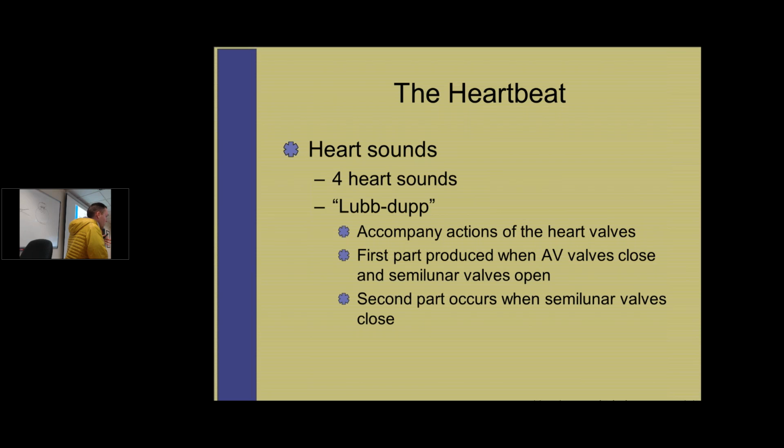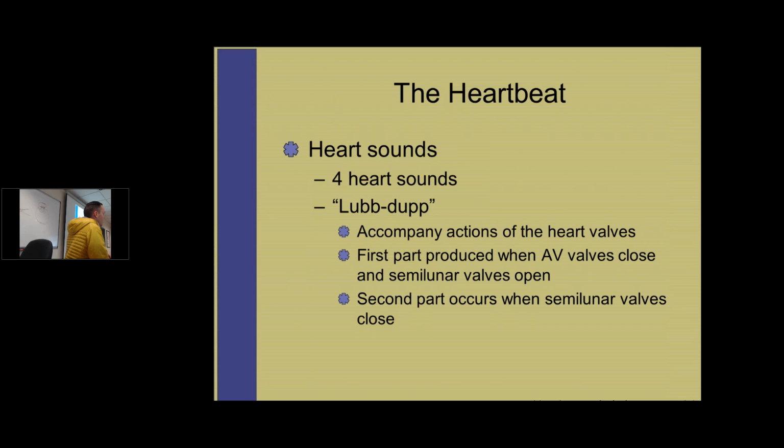And then the ventricle contracts, pushes blood out to the lungs and to the body, and then the pulmonary valve and the aortic valve snap shut, and that's the second sound. So in between those two snaps is systole, blood pushing out into the body, and the rest of it is diastole.